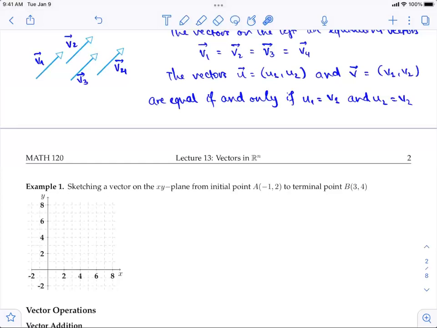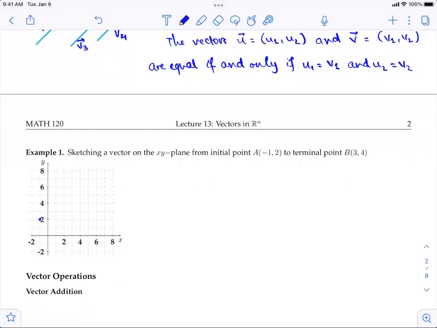So in this case, the initial point is A and the terminal point is B. So the arrow is going to be at B. So the point is -1, 2. So this is point A. And the second point is 3, 4. So 3, 4, this is the point. And you're going to connect these 2 points together, and the arrow is at the terminal point.